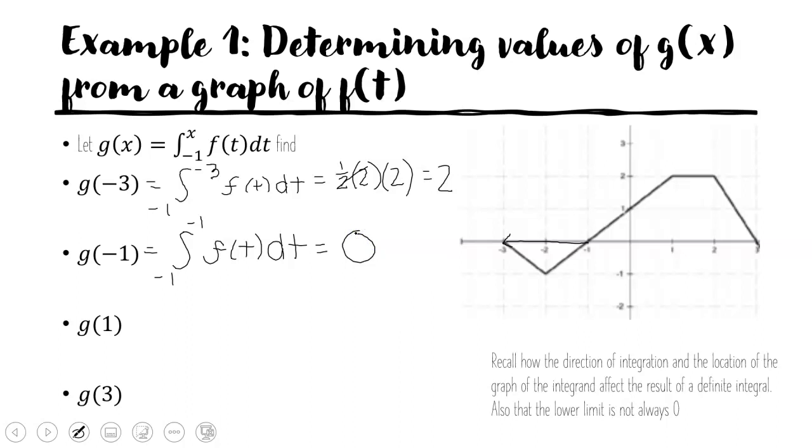If your upper and lower bounds are identical, then the area under your curve is 0. So g of -1 is 0. G of 1 goes from -1 to 1.